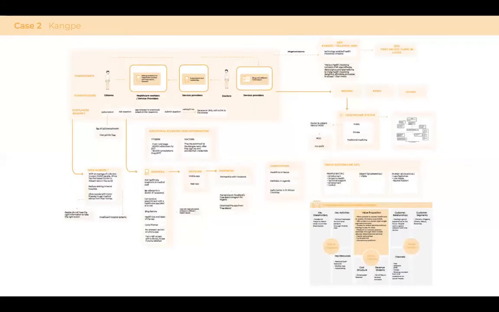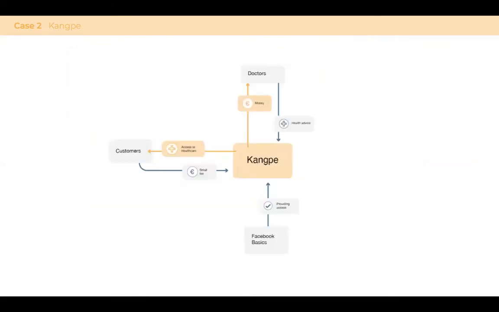And in the gigamap, we can see down on the right the business model. We can't see it now, but it will show up better later, where we see that Kangpe is a startup and a for-profit business, but at the same time they are aiming to provide cheap access to healthcare services. They're located in Nigeria, where most people have access to at least a simple cell phone.